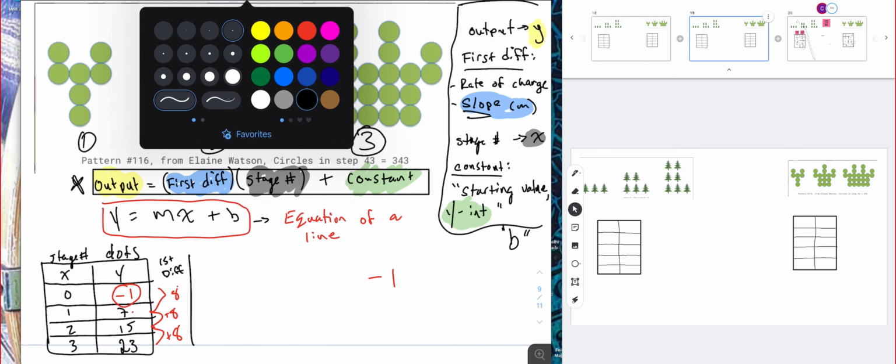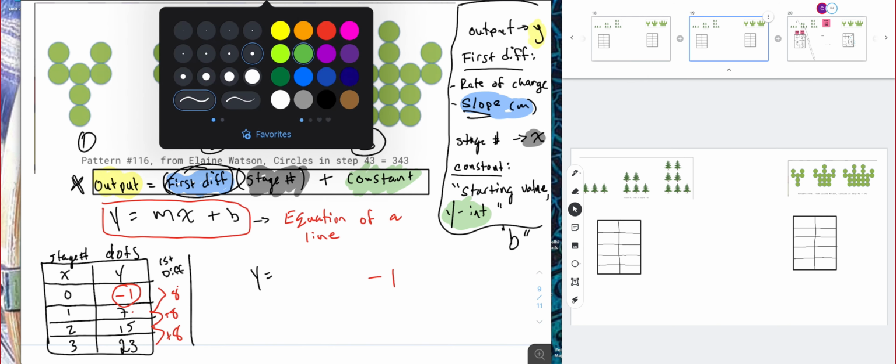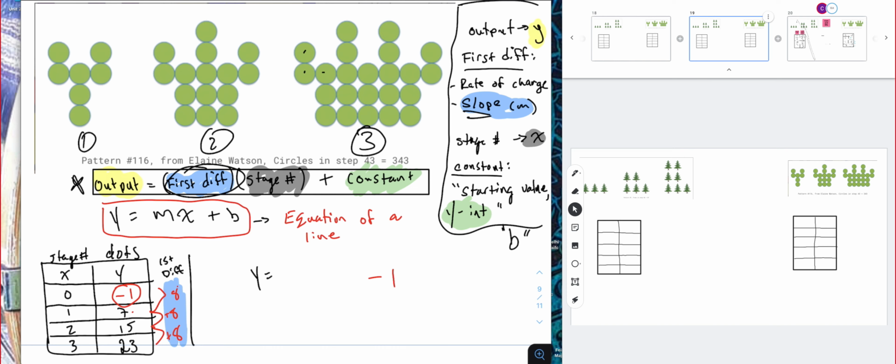Now what you have to do here is you're still trying to produce output equals the first differences, so the blue stuff, right? So anything highlighted in blue, the first differences we said was 8. Well, that has to go in for the m value, or the first differences, right? The slope. And then the stage number is x. That's your equation. And what it says is number of dots equals 8 times the stage number minus 1.